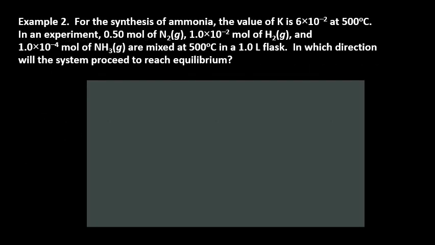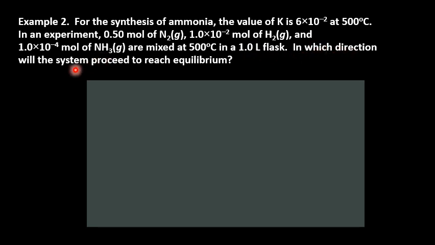The question is, for the synthesis of ammonia, the value of K is 6 times 10 to the power negative 2 at 500 degrees Celsius. In an experiment, 0.50 mole of nitrogen gas, 1.0 times 10 to the power negative 2 mole of hydrogen gas, and 1.0 times 10 to the power negative 4 mole of ammonia gas are mixed at 500 degrees Celsius in a 1.0 liter flask.